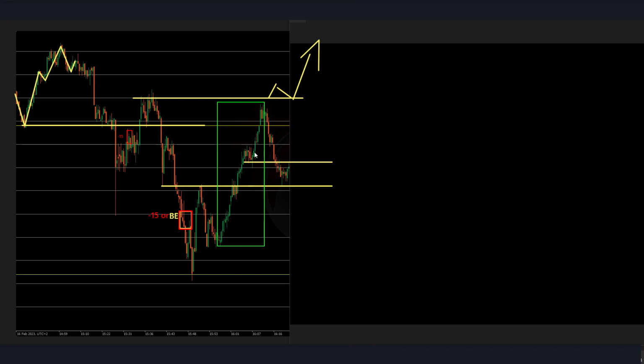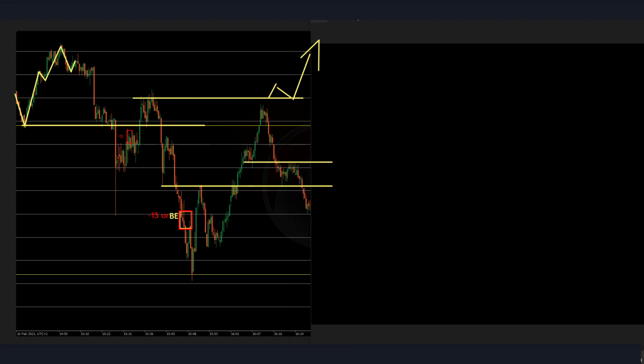So let's see. I will probably wait below this level. There you go. So that will be the entry. We still don't know if that will be a winning or what.